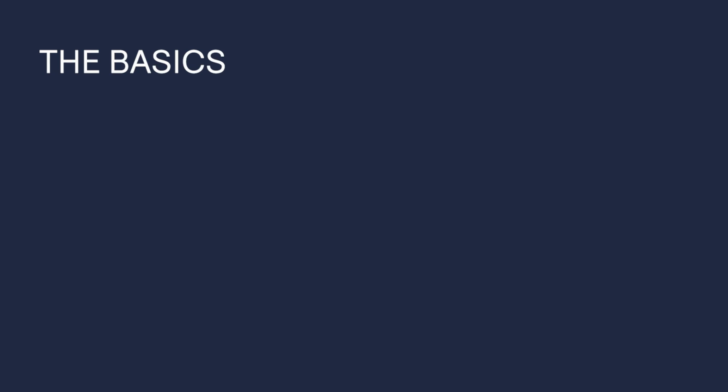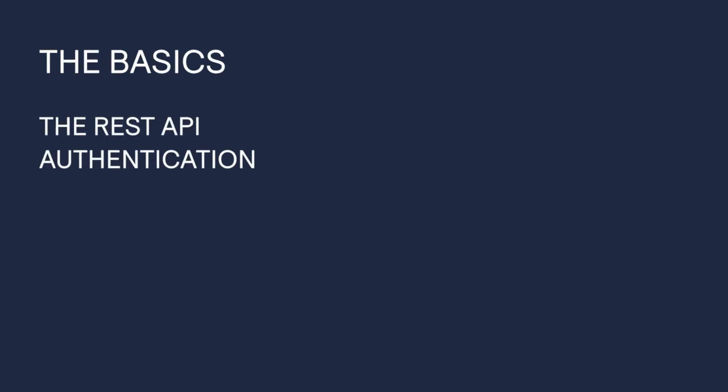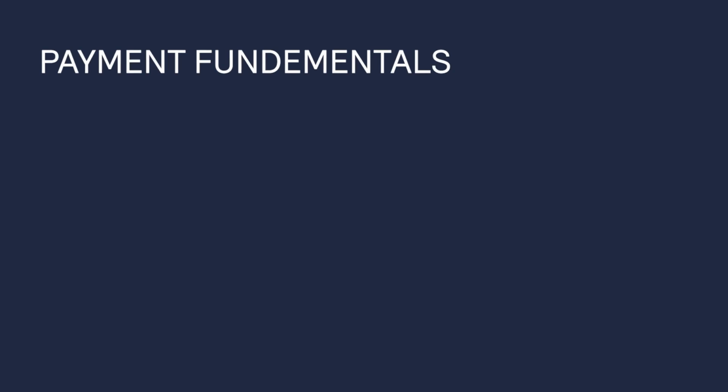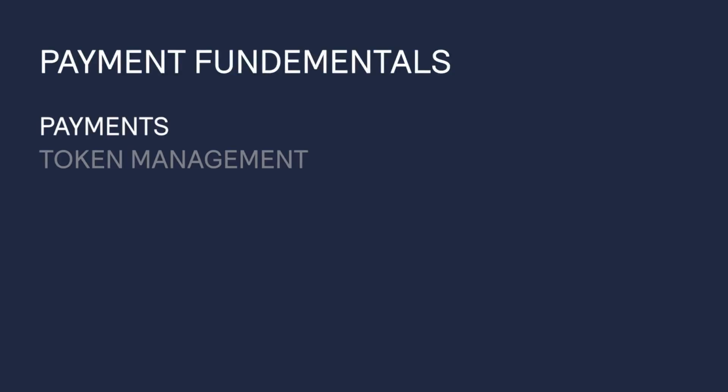The basic developer guide consists of the REST API, authentication to the REST API, and how you can go live, and finish off the integration by looking at the testing guides and error codes guides. Payment fundamentals covers topics such as payments, token management, and payouts.